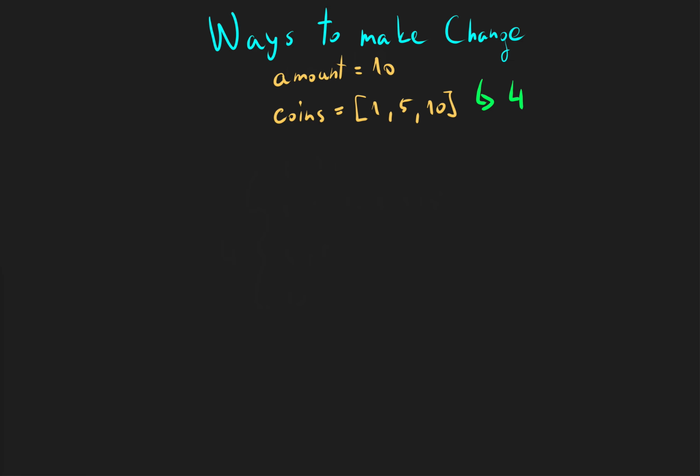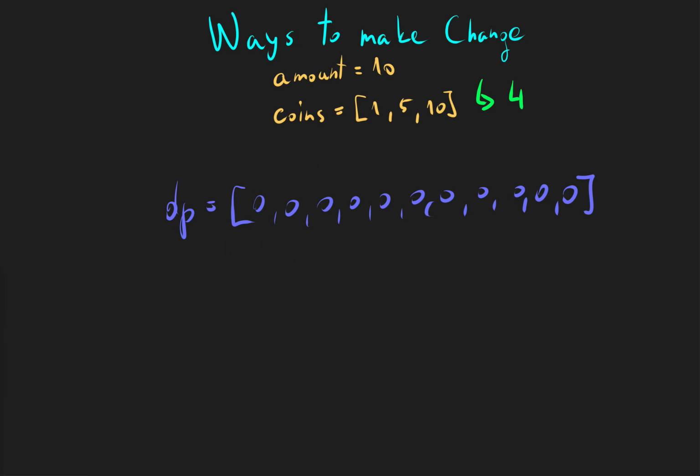We could solve it with dynamic programming. So we would construct a DP array, which can be pre-populated just with zeros. So let's say 1, 2, 3, 4, 5, 6, 7, 8, and 10. But because we'll be using indexes as current amounts, we need to do one more, so 11.